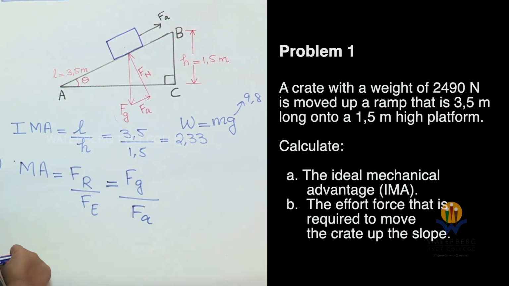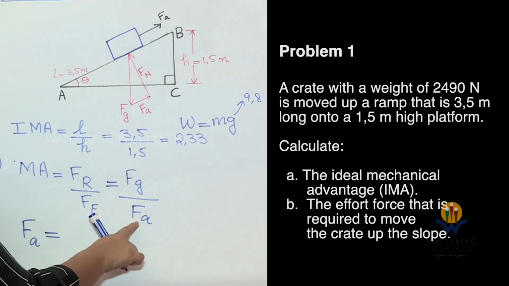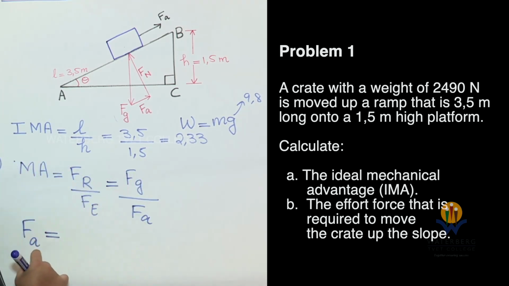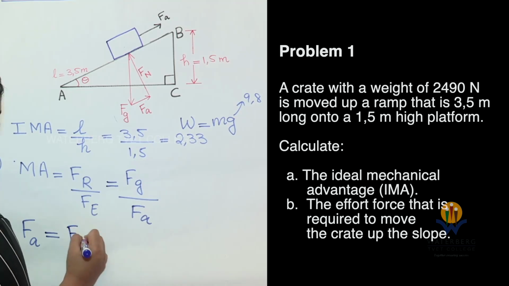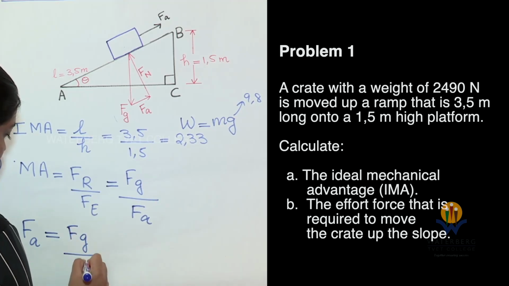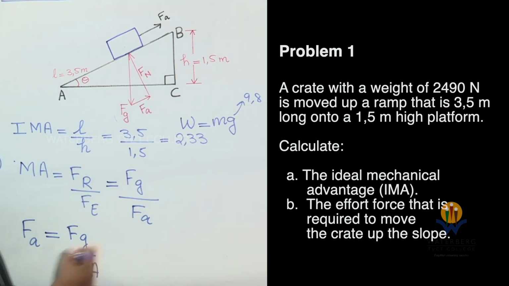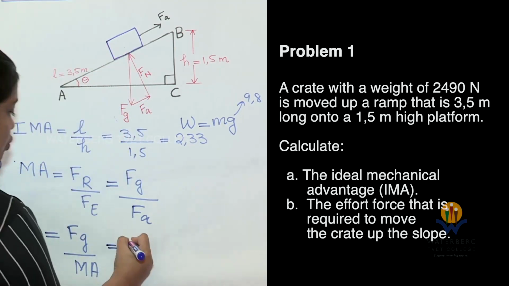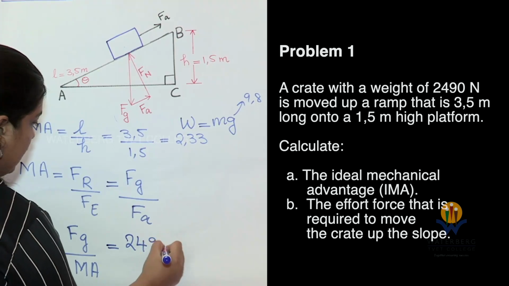Now our question is the effort force required to move the crate up the slope, so we want to calculate Fa. We can change the formula as Fa equals Fg over mechanical advantage. Fg is already given because the question gives the weight of the object, which is 2490 Newton.